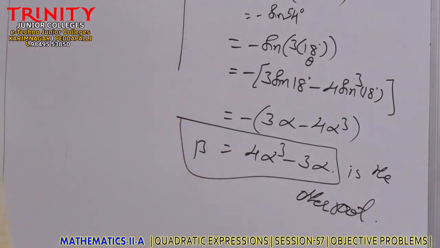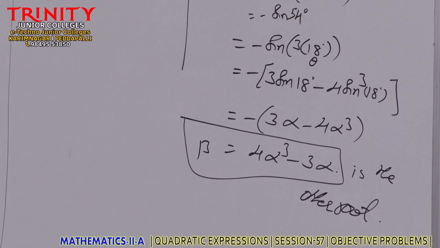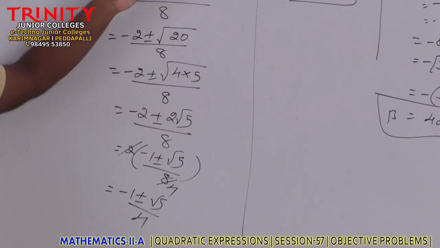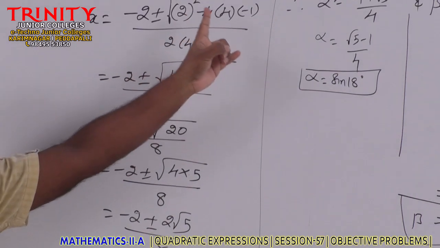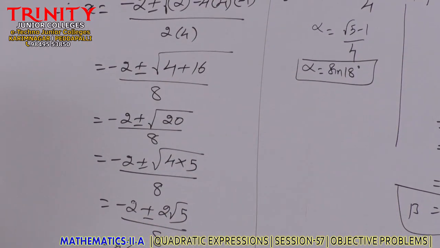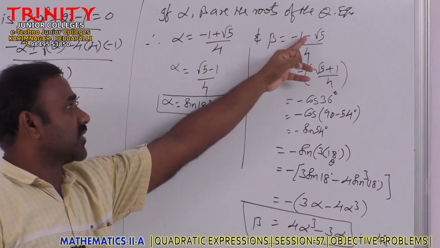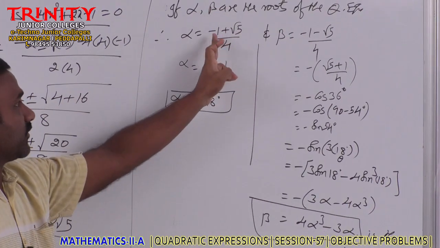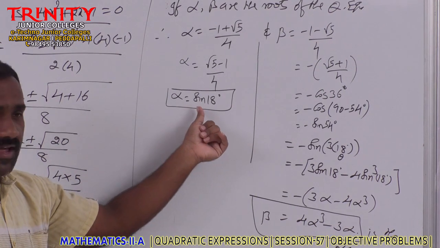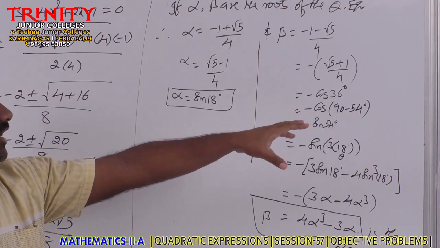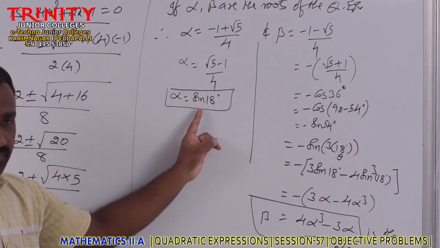Here in this problem, the main thing is, first we have to go for factorization. Factors are not possible, then we calculated by using the formula minus b plus or minus under root b square minus 4ac by 2a. Then we got the roots: minus 1 plus root 5 by 4, and the other one minus 1 minus root 5 by 4. Therefore, root 5 minus 1 by 4 is nothing but the value of sine 18 degrees. Then he was asking the second root also in terms of sine 18 degrees.